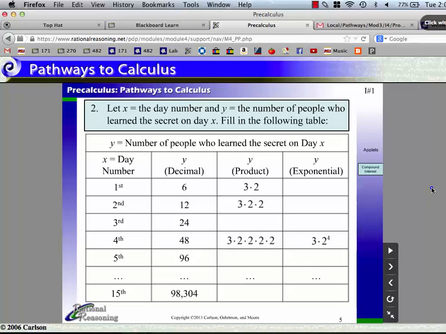What would be the input quantity into the function? Number of days, day number, x, right? Okay, and then we've got these three other columns. Which of those three columns is the output of this function? He says all of them. Agree? Yeah, because they're all just different representations of this same number y, the new people who have learned the secret. So all of these are the output, right?